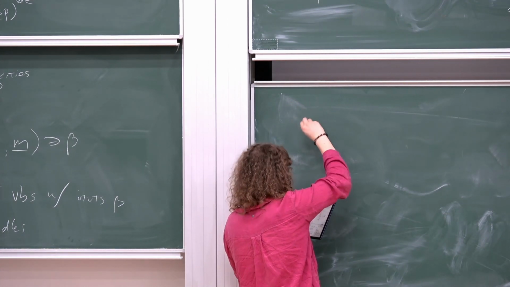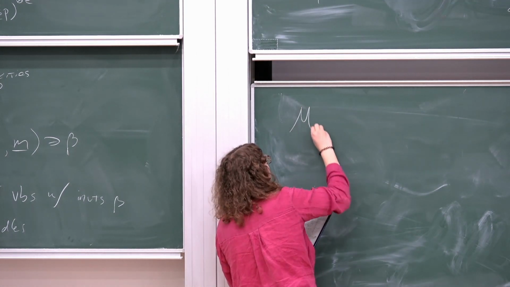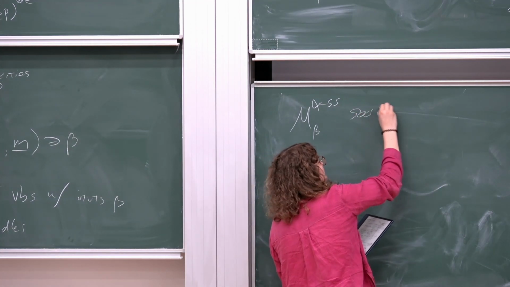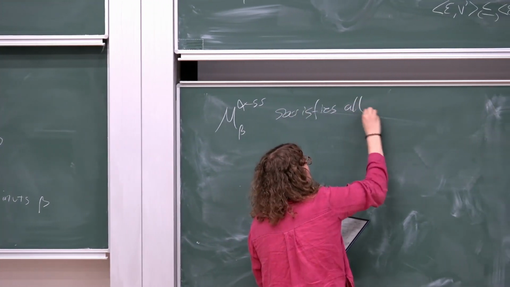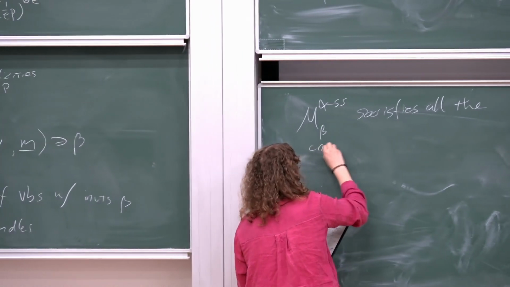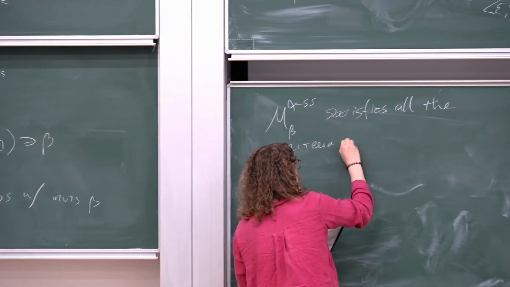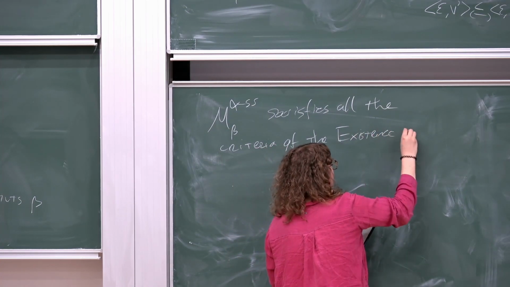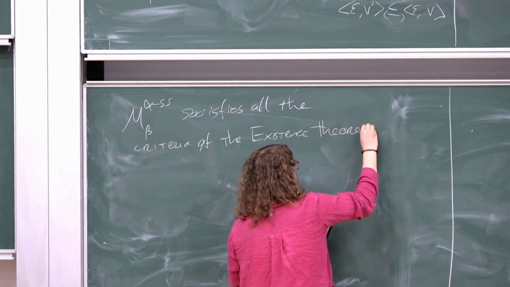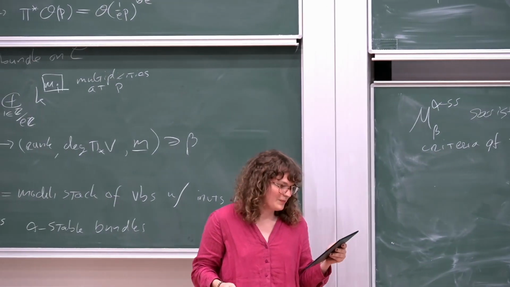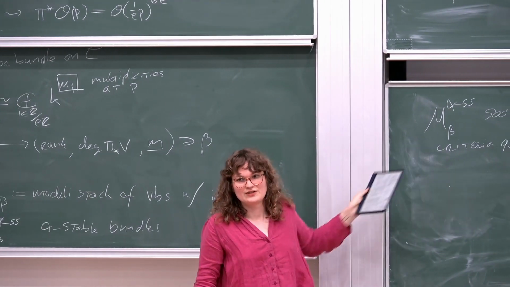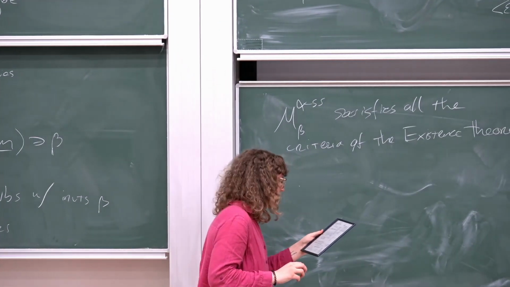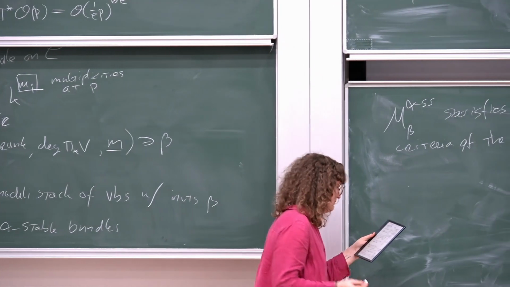So this stack of semi-stables satisfies all the criteria of the existence theorem. I will not check all these criteria. If you know how to do this for vector bundles on a curve, you also know how to do this. So I'll leave that out of this talk.